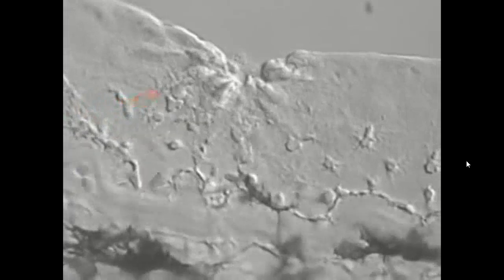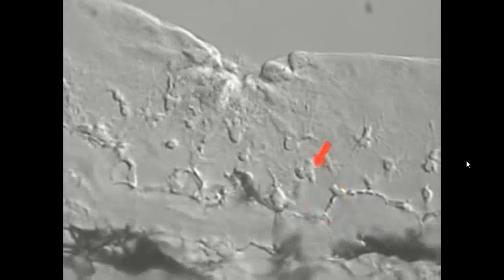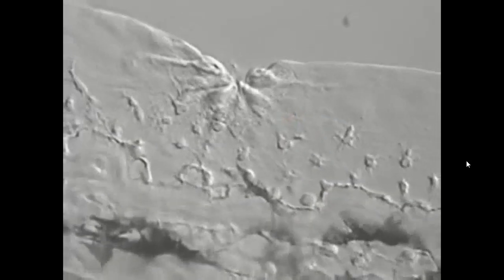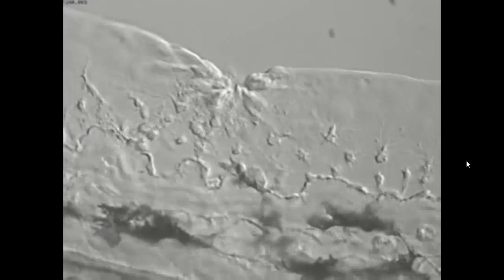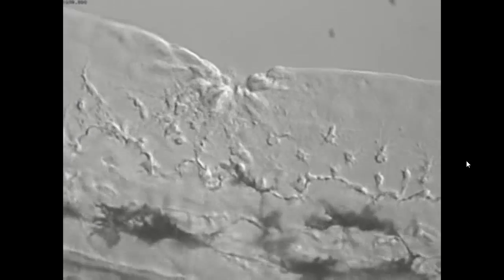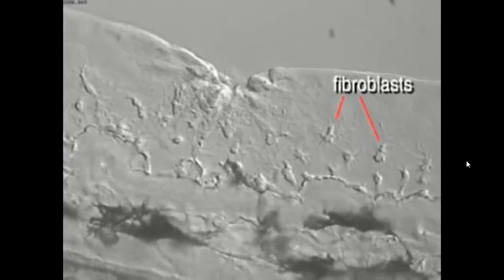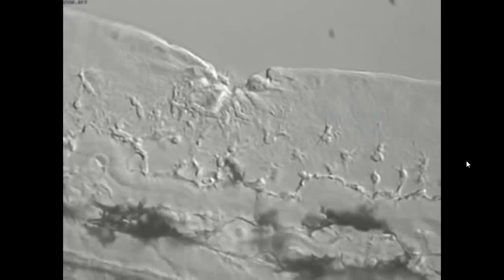They are attracted there by chemicals released from damaged cells, invading bacteria, and other lymphocytes. In a zoomed out view, we can appreciate that lymphocyte invasion is restricted to the wounded area. The static cells that are dispersed in the connective tissue are fibroblasts. In these movies, 60 minutes of real time are compressed into 15 seconds.